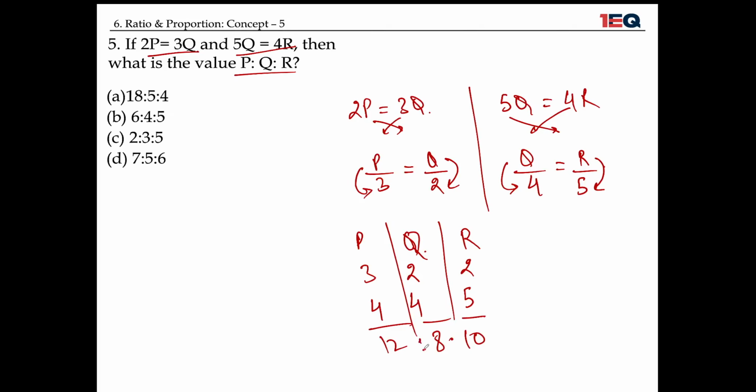There is a common value of 2 over here. So 2 6s are 12, 2 4s are 8, and 2 5s are 10. So this is my P is to Q is to R, 6 is to 4 is to 5. Cool. I think we are really good.